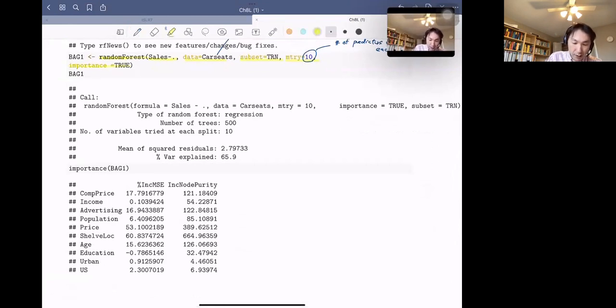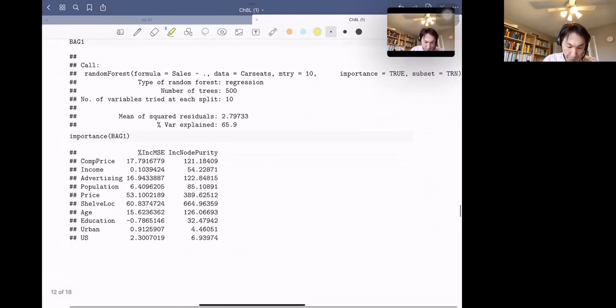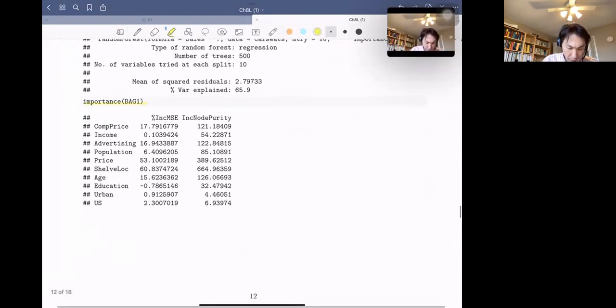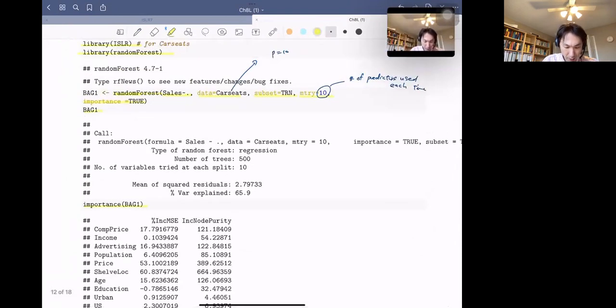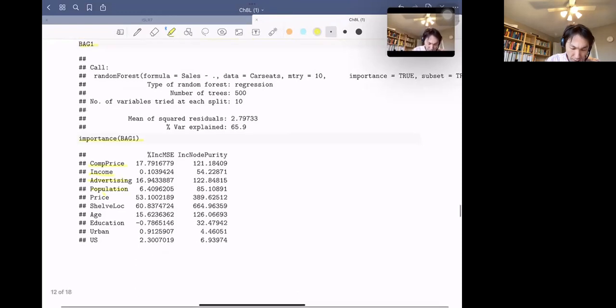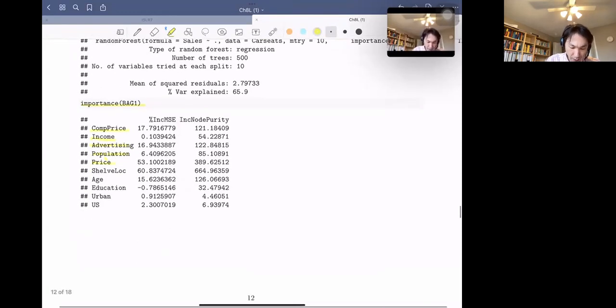Importance equals TRUE is just an option to see some outputs. Once you fit the random forest, you can see the importance of each variable. We are predicting the sales of these car seats by other factors such as competitor price, income level, the area the store is located in, the advertisement amount in the market, the population, the price of the car seat, the shelf location, and so on.